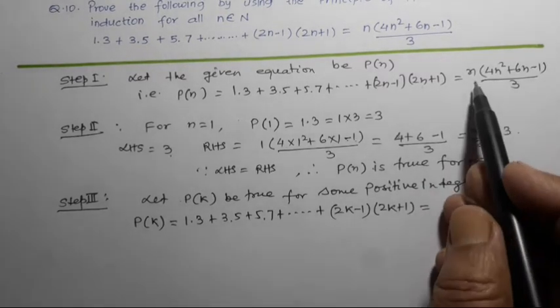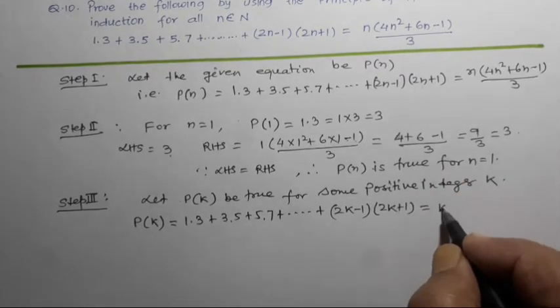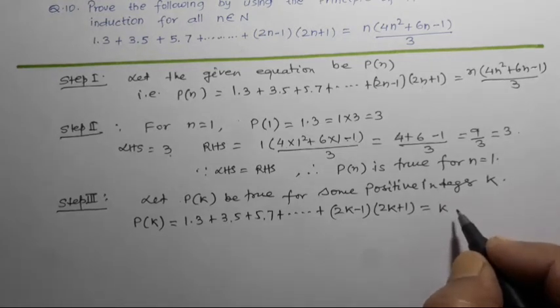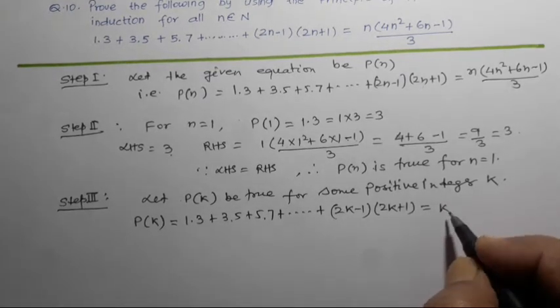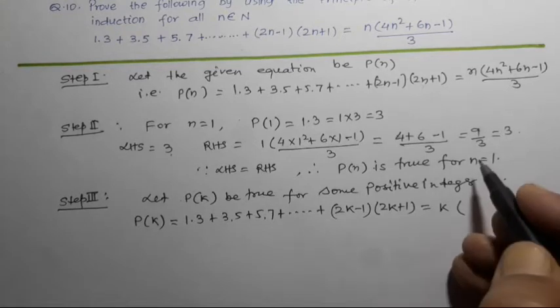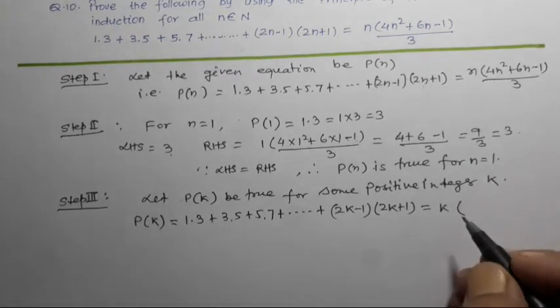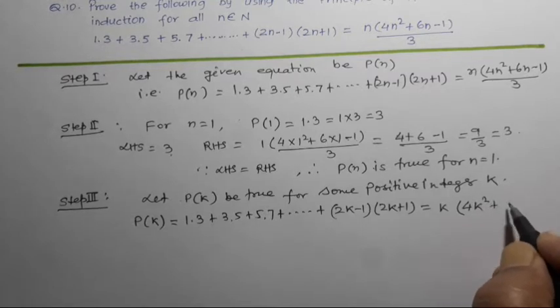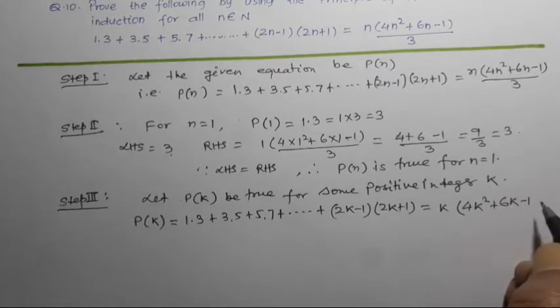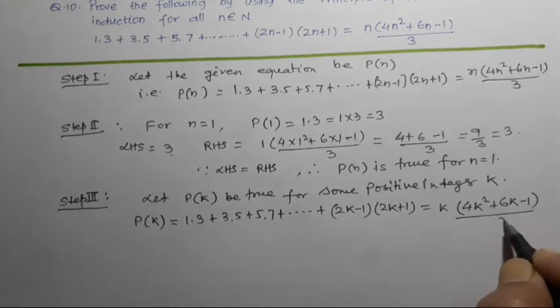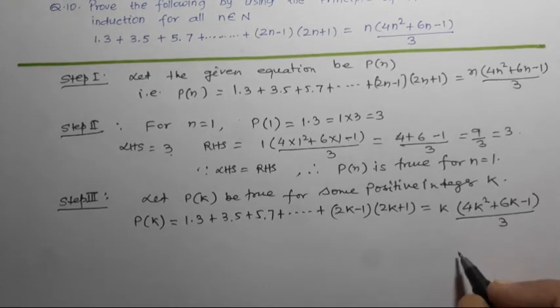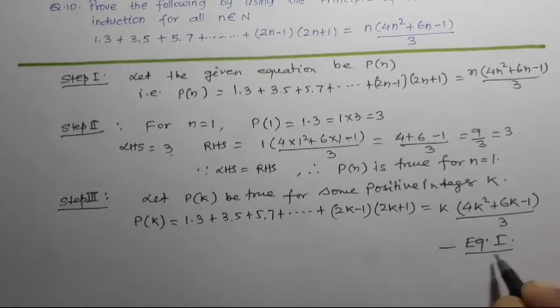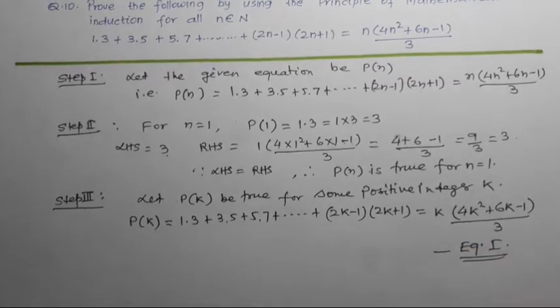This will be, n is equal to k, so it will be k into (4k square plus 6k minus 1) by 3. Right? This is our equation 1. We have supposed this one as equation 1.